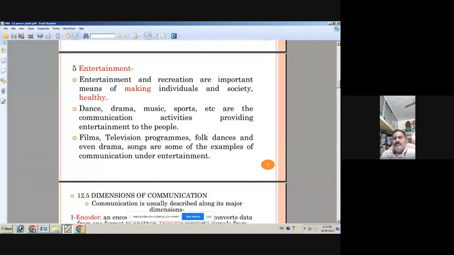Suppose dance shows our culture, drama gives us moral training, music gives us pleasure, sports develop our physical capacity. So definitely through different activities in terms of dance, drama, music and sports, we can provide entertainment to the people and also develop their personality.